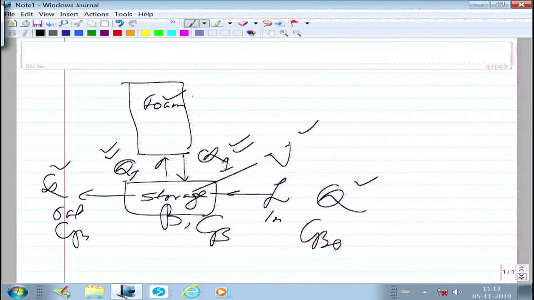Only then the volume of the liquid in the storage section will be constant, and the liquid hold up within this foam section will also be having a steady state liquid hold up profile with a constant average liquid hold up value. Okay.